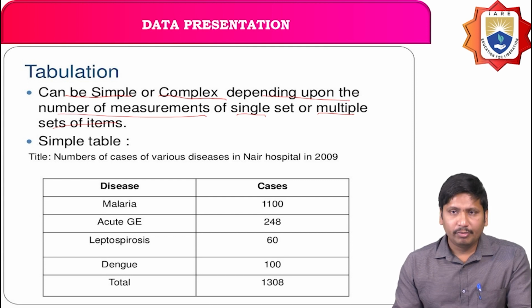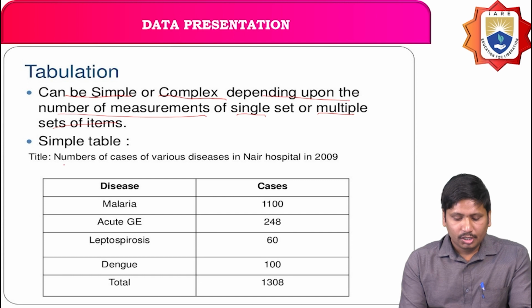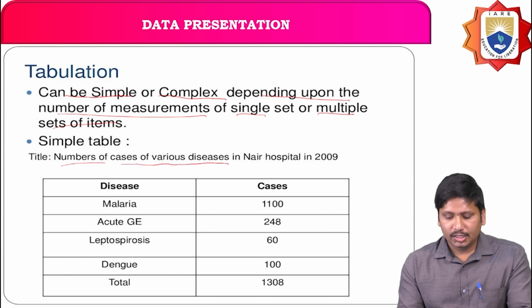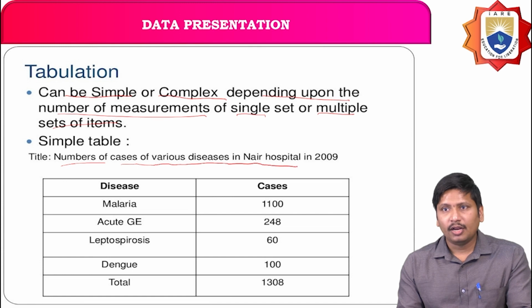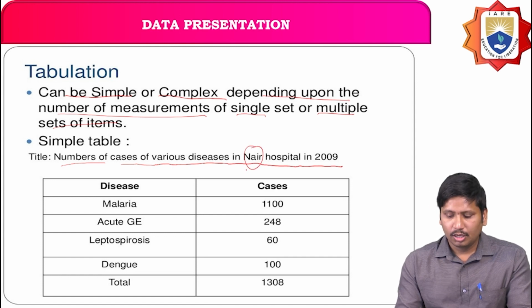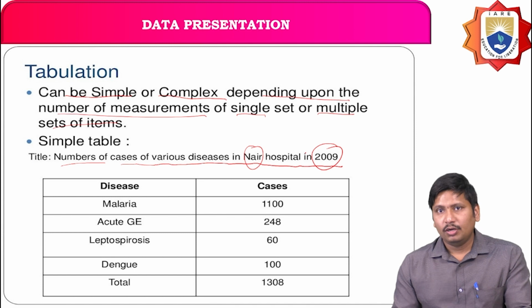So let me show how a simple table looks. The title is the number of cases of various diseases in Nair Hospital in 2009. This is the data I have, and I have to represent it in the form of a table.